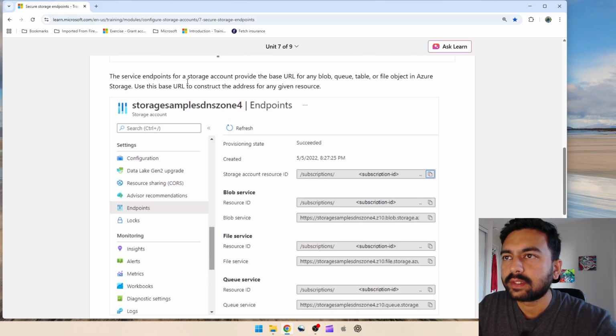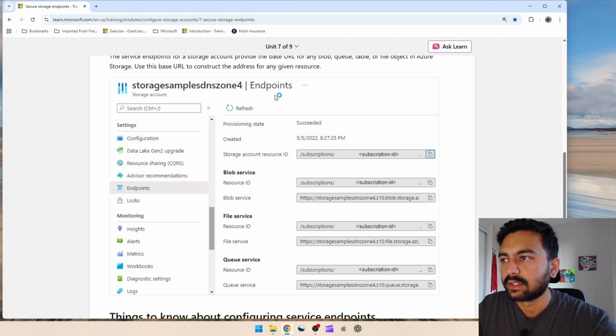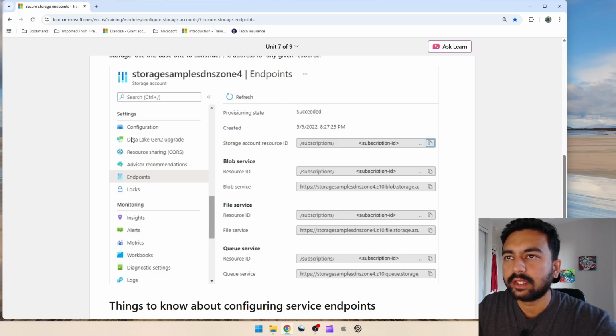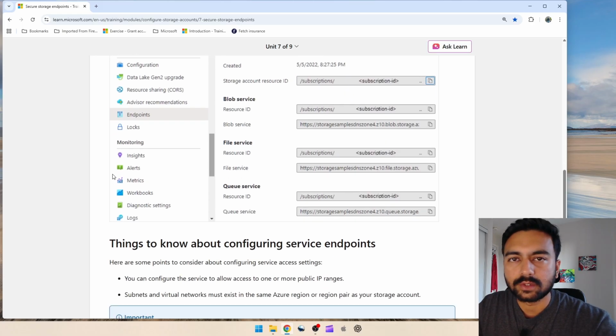The service endpoints provide a base URL for any blob, and you use the base URL to construct the address of any given resource. So when you go to the endpoints in your storage account, you get base URLs for the file service, blob service, queue service, and all those separate services.